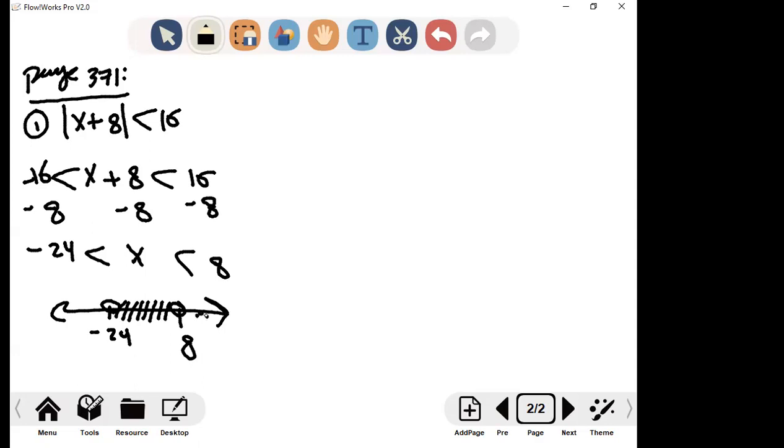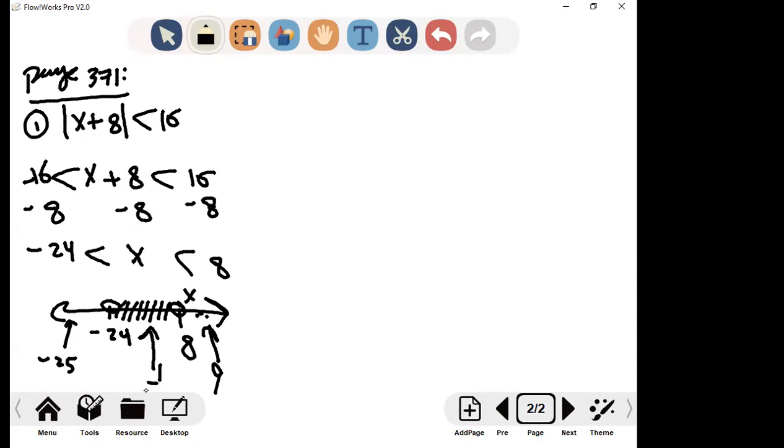Check a number here, 9; here, negative 1, between them; and here, negative 25. Check 9: 9 plus 8 is 17, absolute value 17. Is it less than 16? No, so this is no solution. Check 1: 1 plus 8 is 9, absolute value 9.